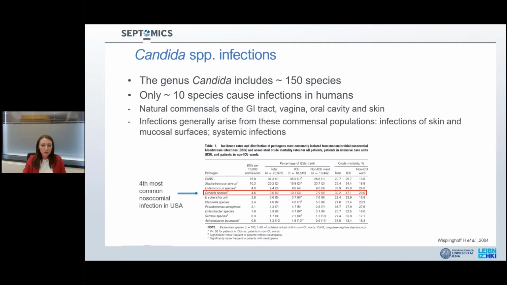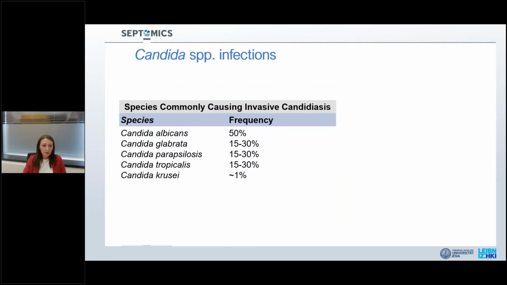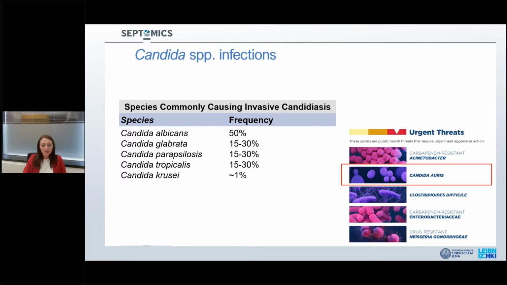And of these, Candida albicans is the most common cause of systemic candidiasis, although other pathogenic Candida species, for example Candida glabrata, or the emerging global healthcare threat species Candida auris, are also on the rise.